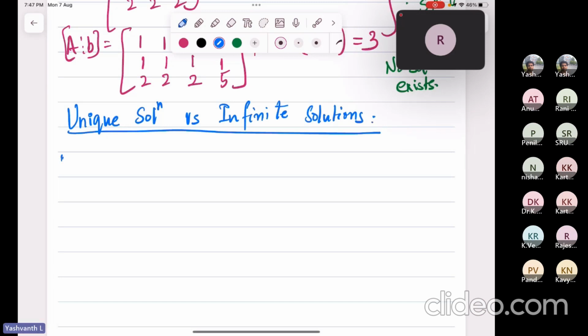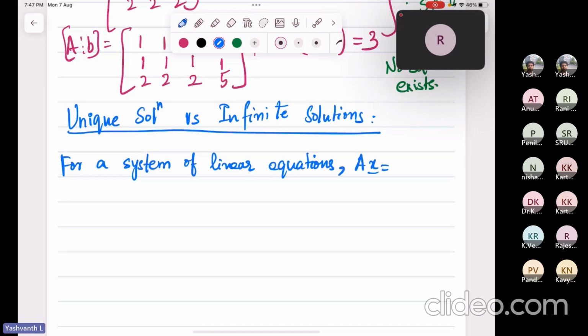This is a result for a system of linear equations Ax equals b.